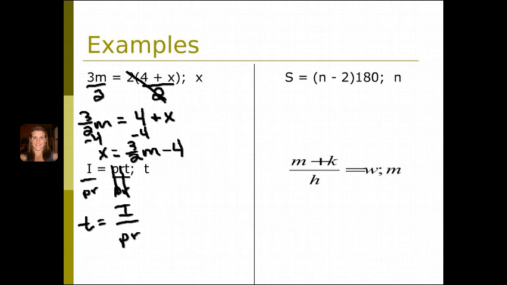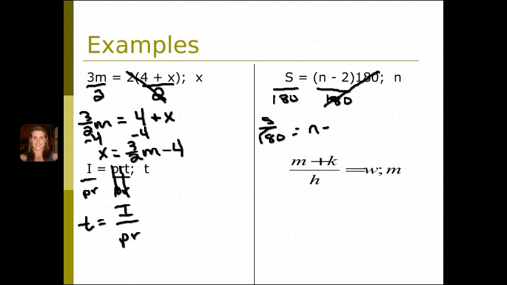In our third example, we're trying to solve for n. Currently, everything inside of our parenthesis is being multiplied by 180. Therefore, to get rid of multiplying by 180, I would divide everything by 180. That cancels, and I'm left with s over 180 equals n minus 2.